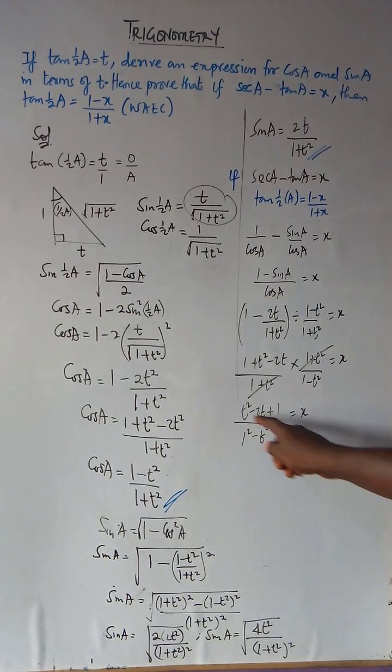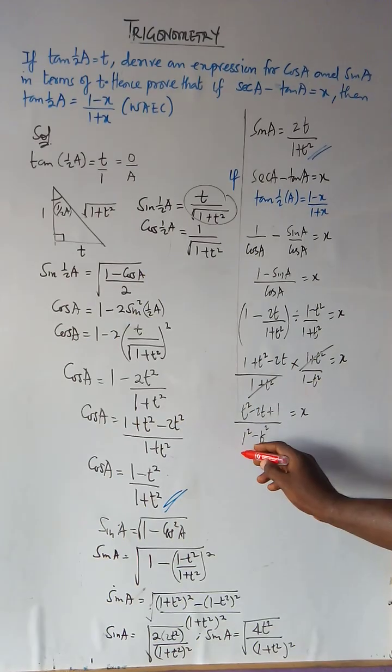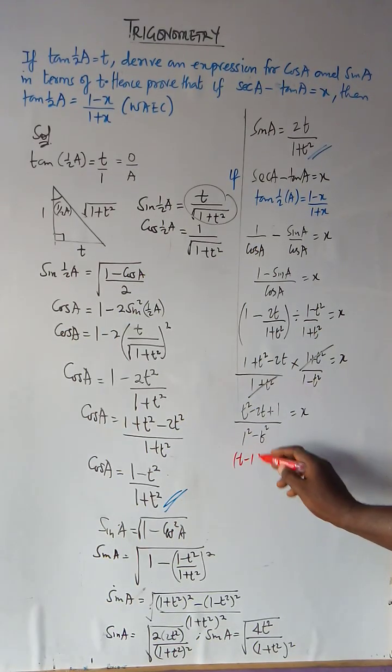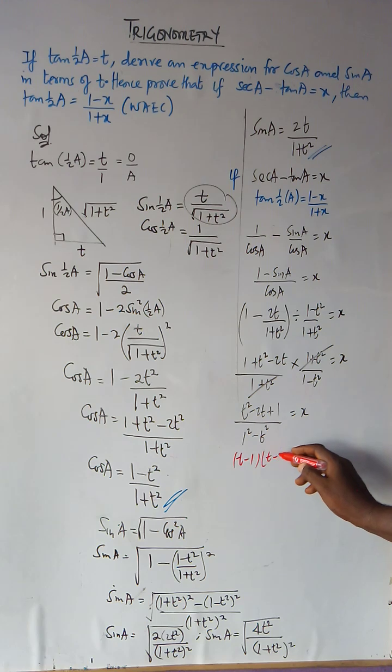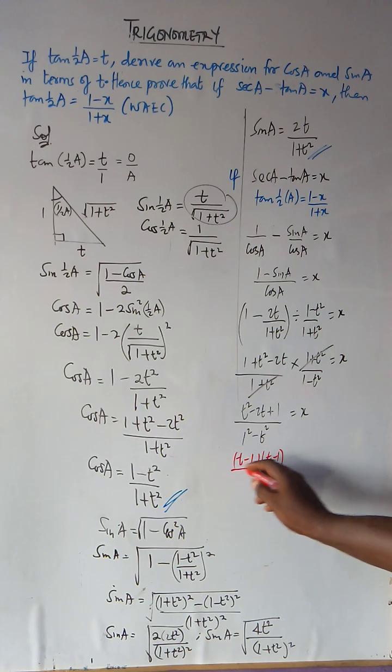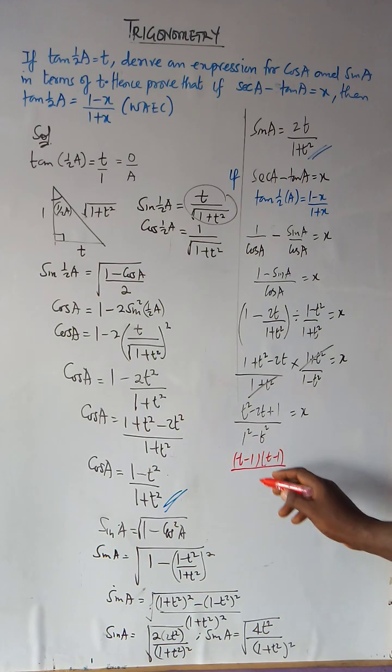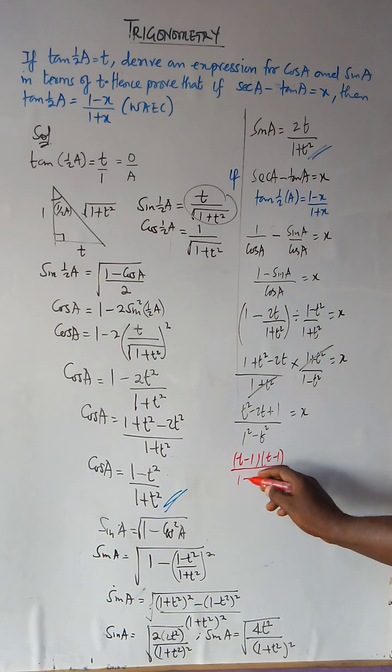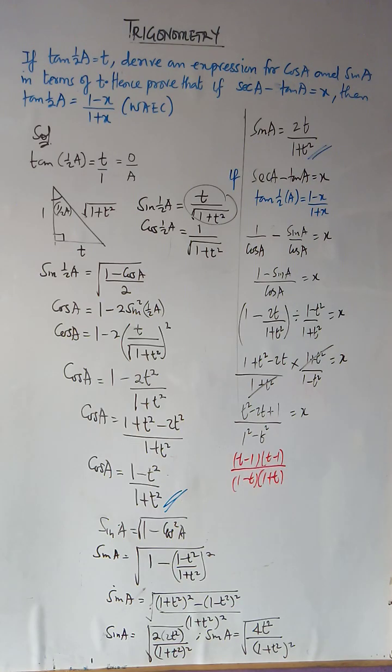If we factorize this, it will give us t minus 1 all squared. Because if you expand this, you should get this back. Then for the difference of two squares, we add and we subtract: 1 minus t, 1 plus t, equals x.